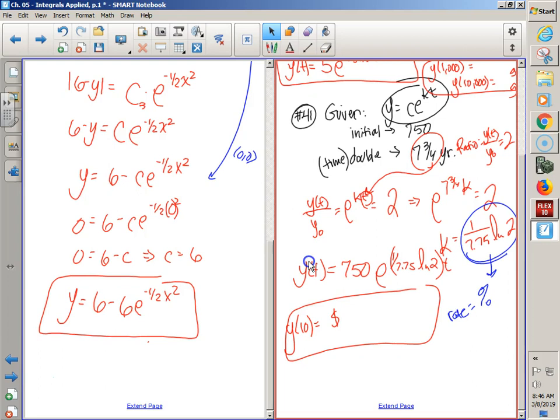Subtract the 4, divide by e to the negative 1/3. That would end up being negative 4 over e to the negative 1/3. What can we do with a negative exponent, guys? Can't we rewrite it as a positive exponent?